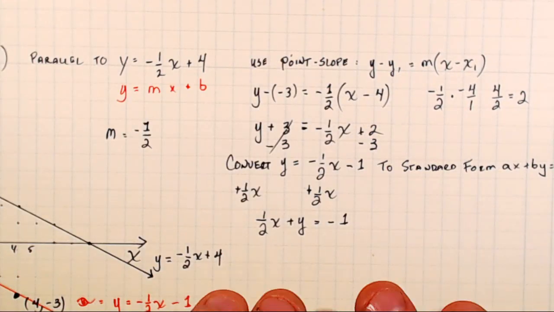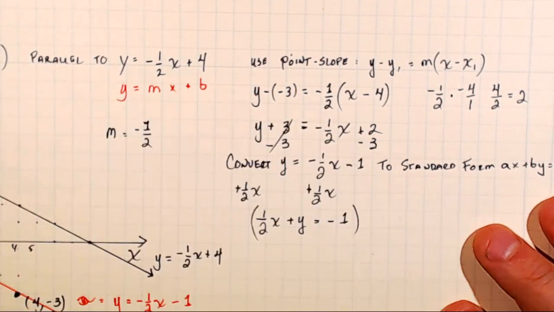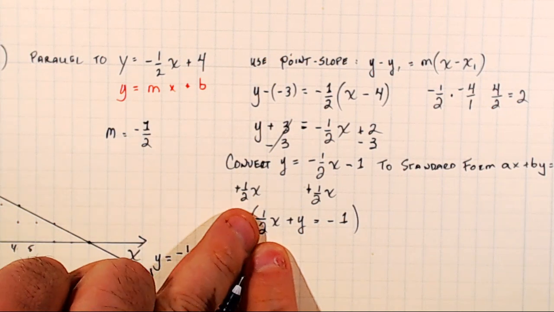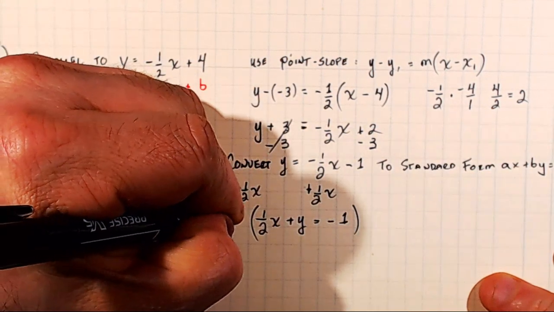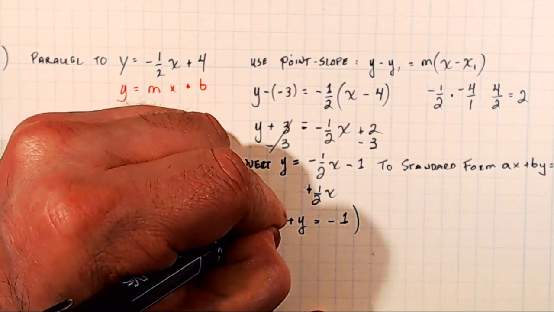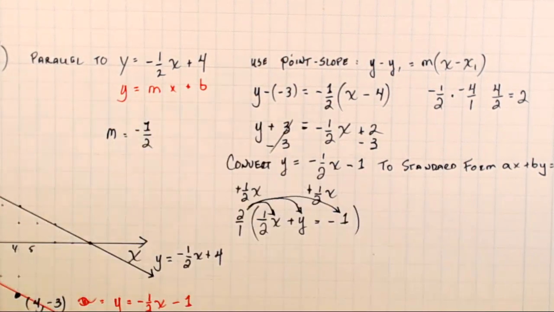Okay? Is this in standard form? No. I need to multiply the entire expression by the reciprocal of the a term, which a is 1/2 right now. I need to multiply by 2/1 to get rid of the fraction. So I'm going to distribute, multiply 2/1 through each term.